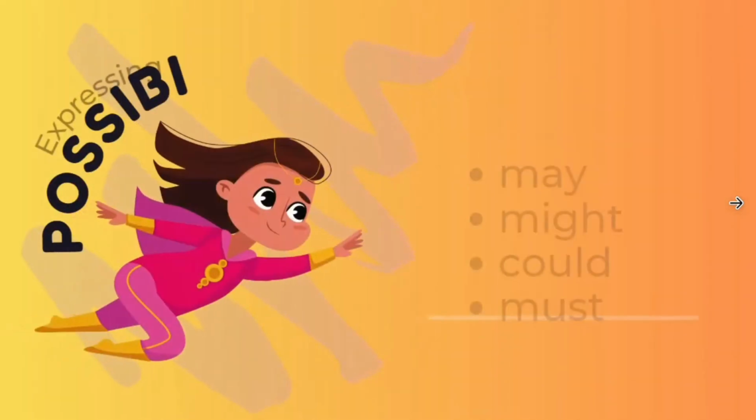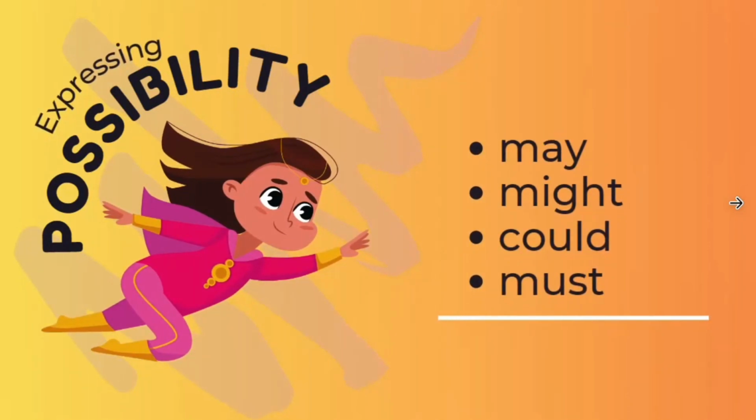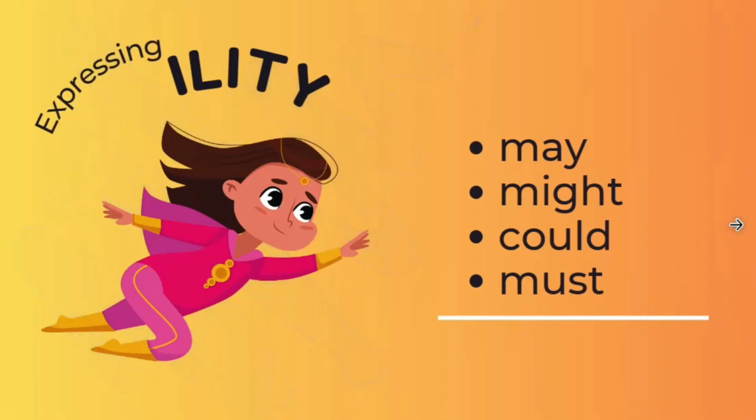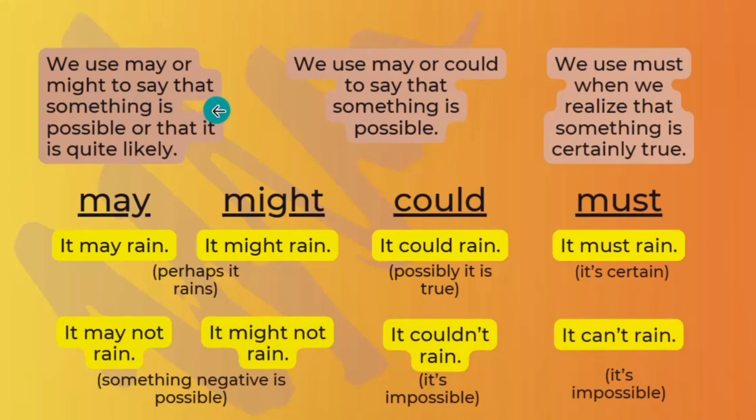Next is expressing possibilities. To express possibility, we again need modal verbs. The modal verbs to use in expressing possibility are may, might, could, and must. Let's have a look at some examples now. So we use may or might to say that something is possible or that it is quite likely.